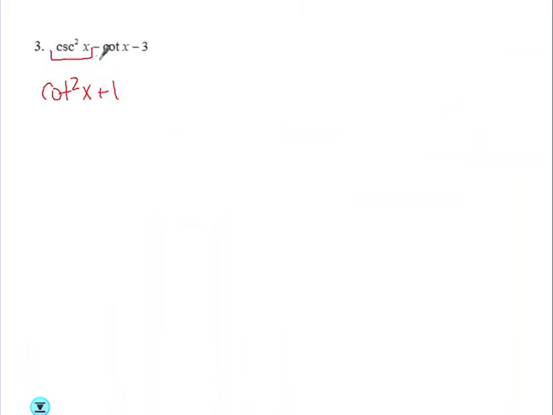So instead of cosecant squared x, I have cotangent squared x plus 1. And then I'm just going to bring down the rest of the function. Then I can combine like terms. Now I'm ready to factor.